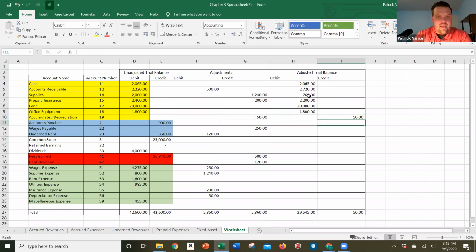That's the only entry in that account. Accounts payable has a credit balance of 900 and no adjustment occurred. Wages payable had nothing to begin with, but had a credit adjustment of $250. Let me center these to make this a little easier to see.